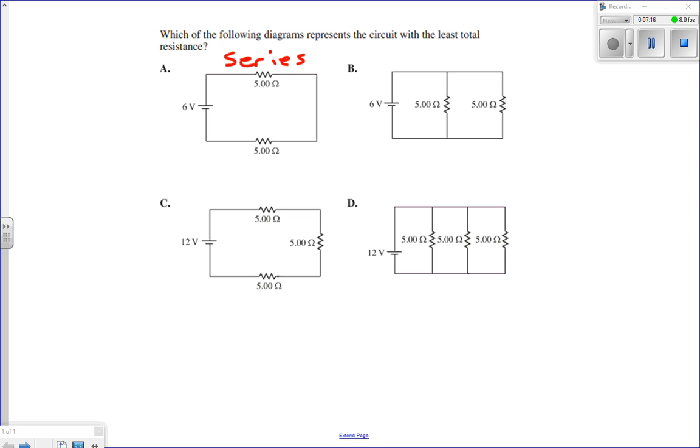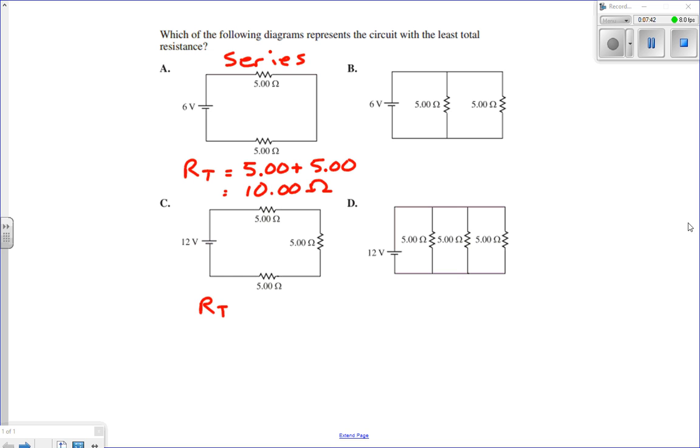The resistors are connected in series, which means my total resistance is calculated just by adding together 2 resistors, which means I've got a total resistance of 10.00 ohms. Now, C is also a series circuit, so let's do that one while we're at it. We calculate it the same way.